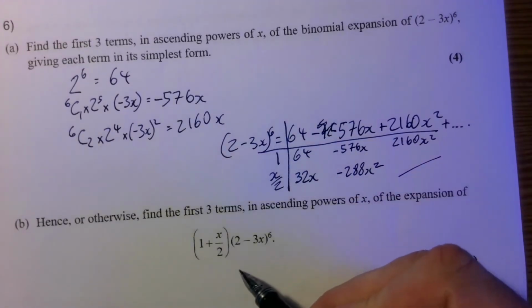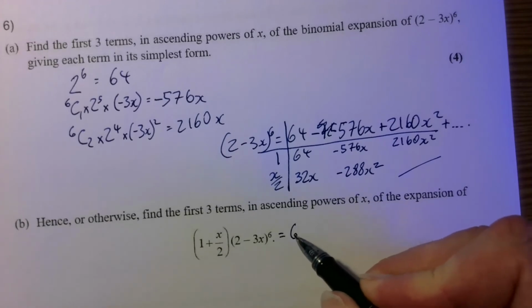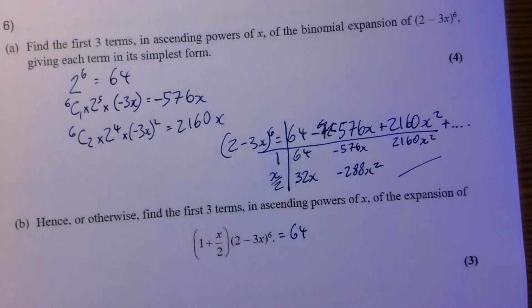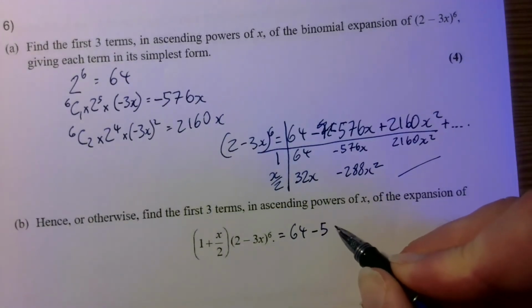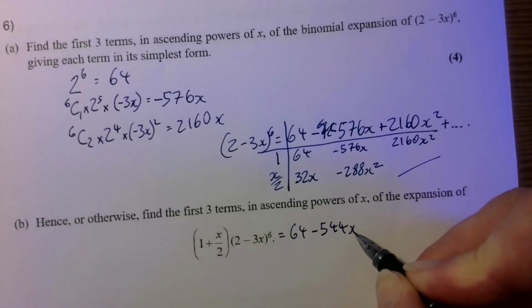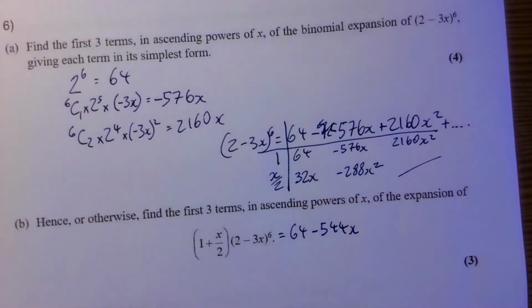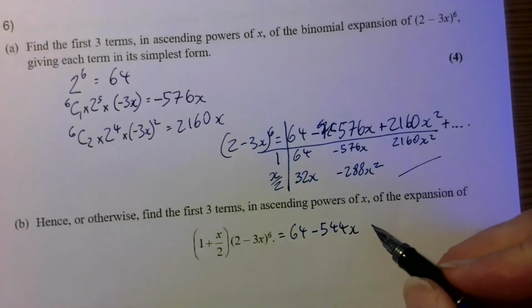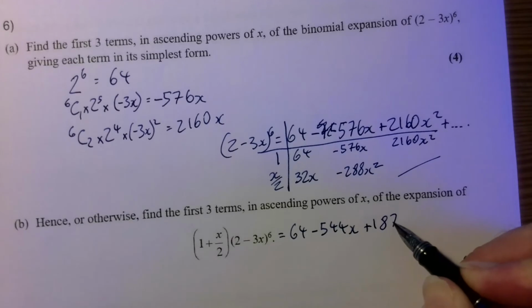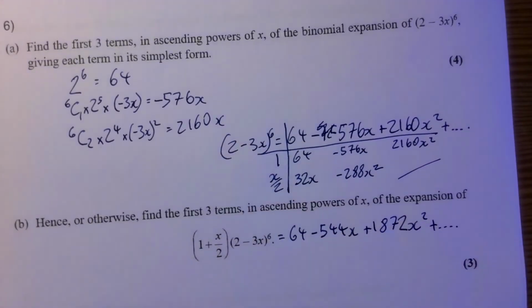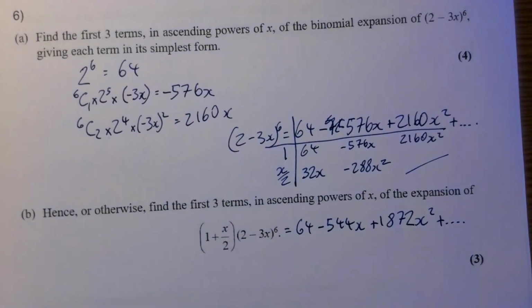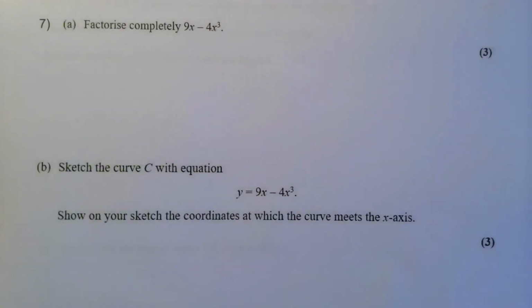So then my final answer here is going to be 64, negative 576 plus 32 is negative 544x, and then 2160 take 288 is plus 1872x squared, and that's that.